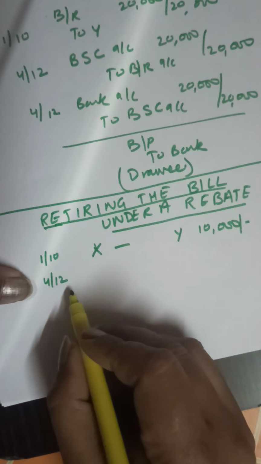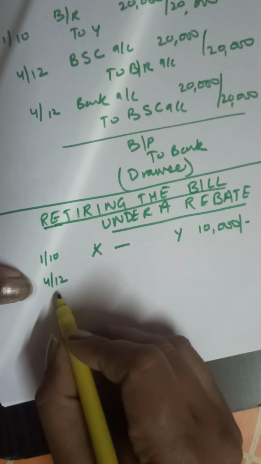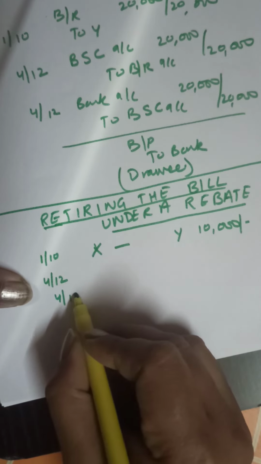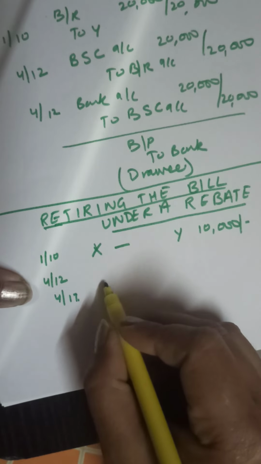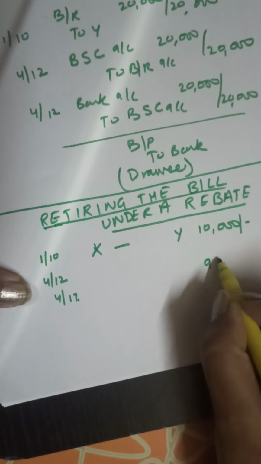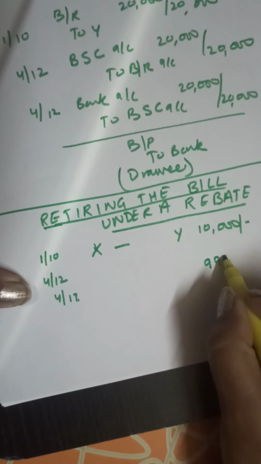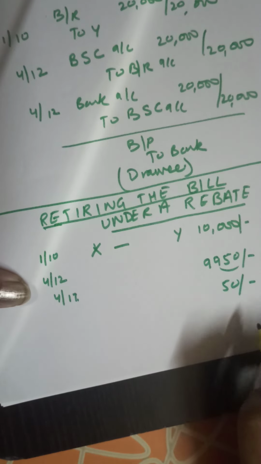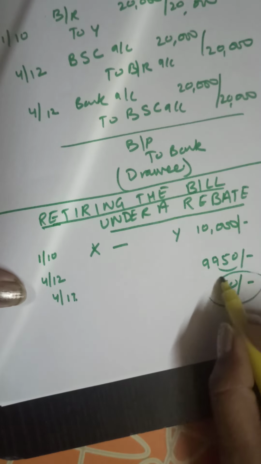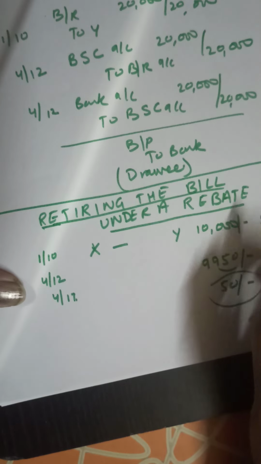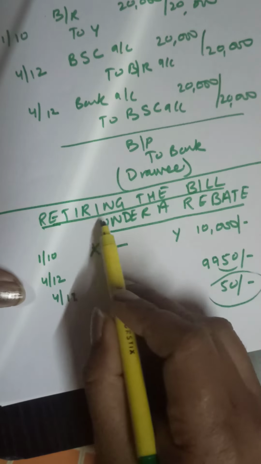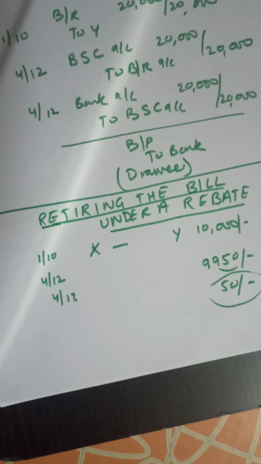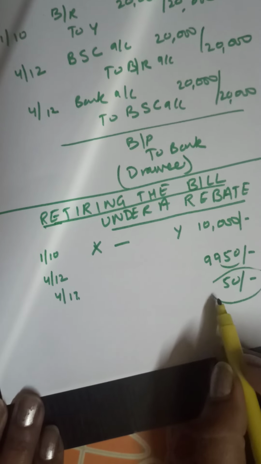But if the payment is made early, maybe 1 month early, on 4th of November, he will get a discount. He will pay only 9,950 rupees, so a discount of 50 rupees. This is the rebate that the drawee receives for retiring the bill before the due date.